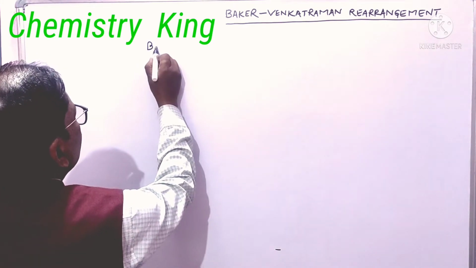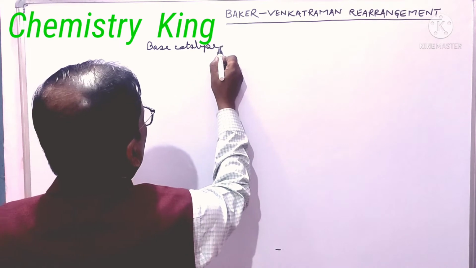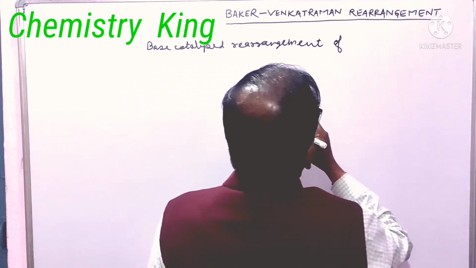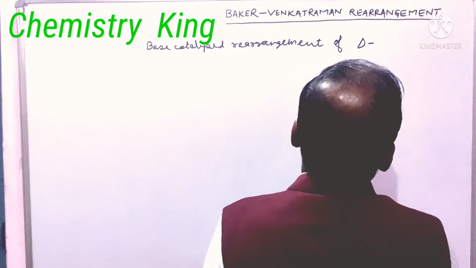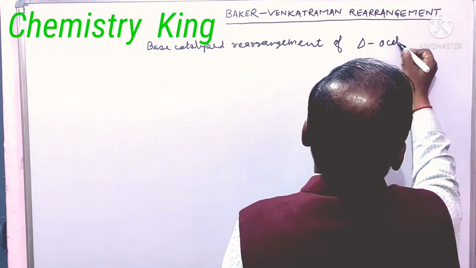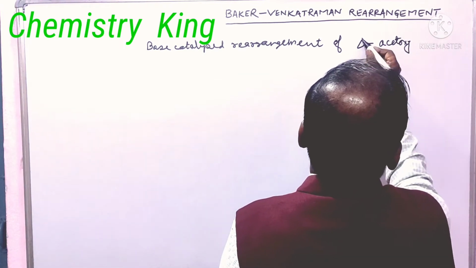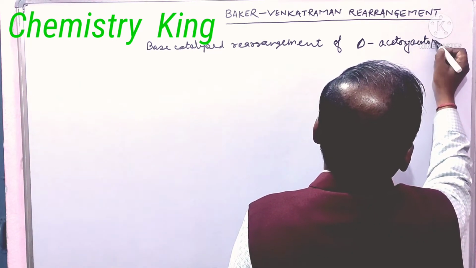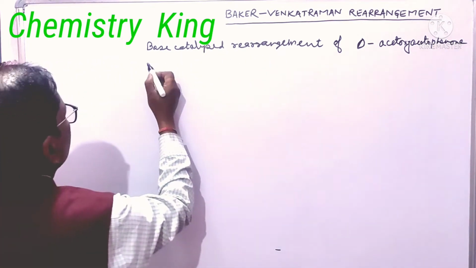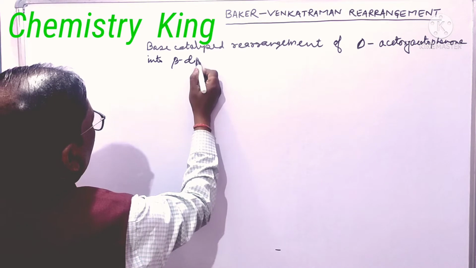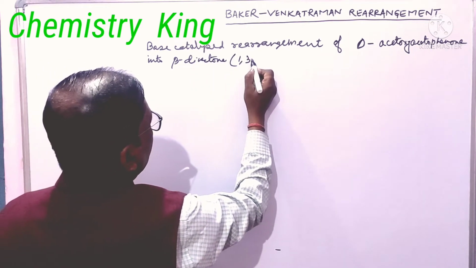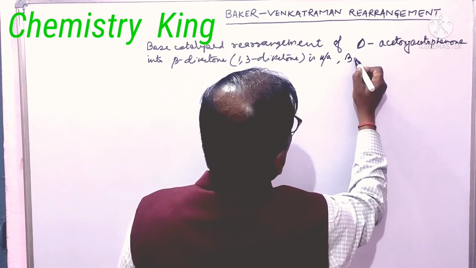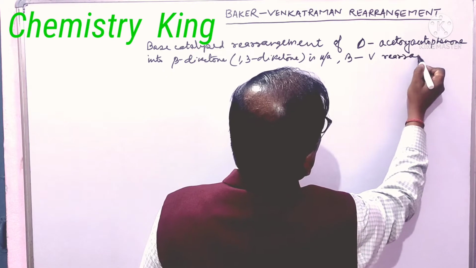Base catalyzed rearrangement of orthoacetoxy acetophenone into beta diketone, that is 1,3-diketone, is known as Becker-Venkataraman rearrangement. Here, O stands for orthoacetoxy.